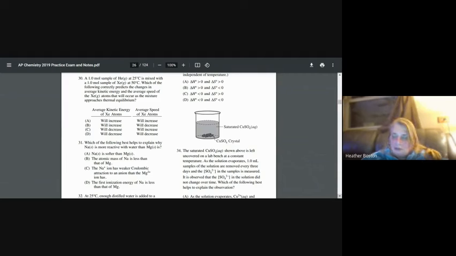When you mix them together, the temperature is going to even out. You're not going to have areas of a lower temperature and areas of a higher temperature. And we also know that helium is going to be traveling a lot faster than the xenon if they were at the same temperature. So the correct answer for 30, let me look this up.